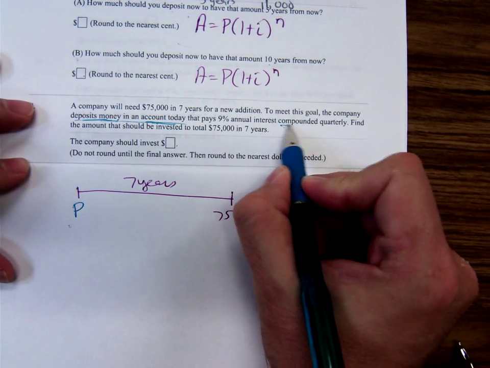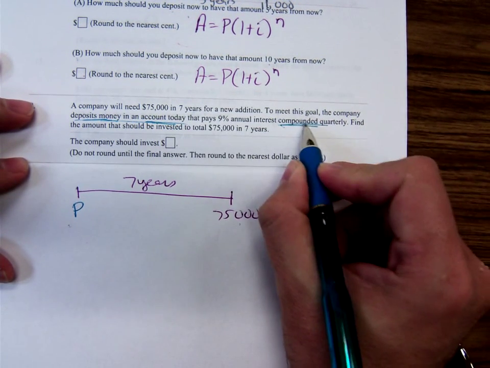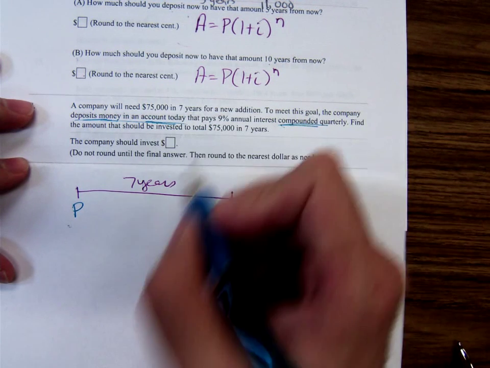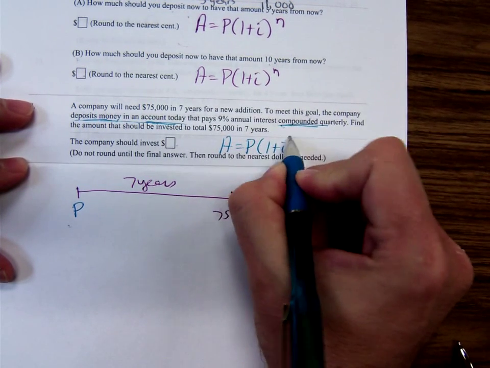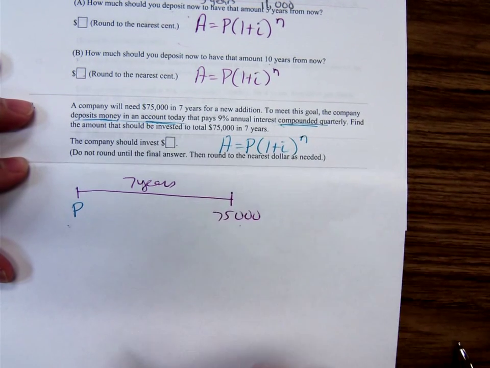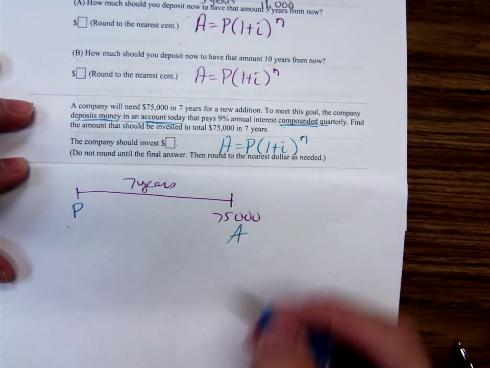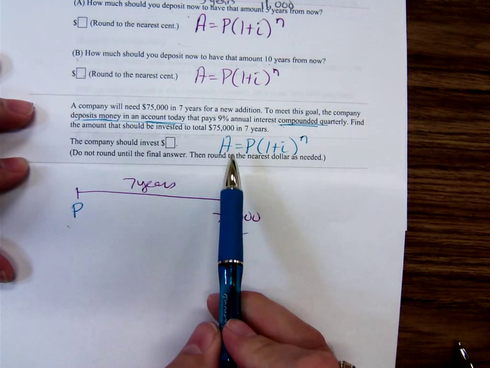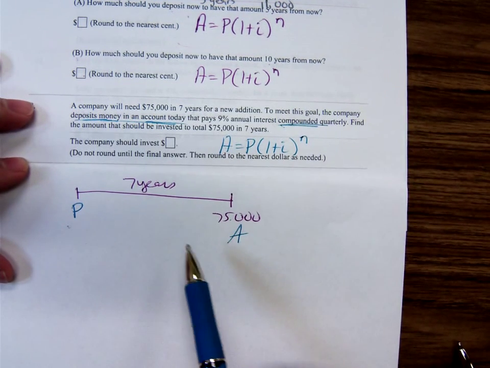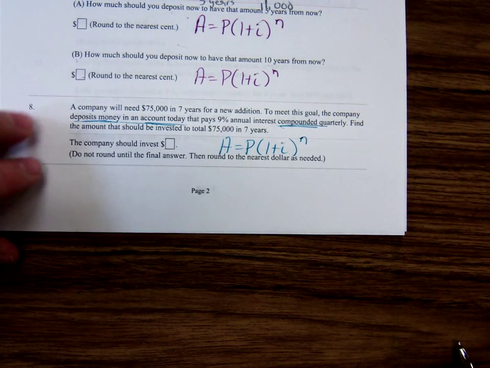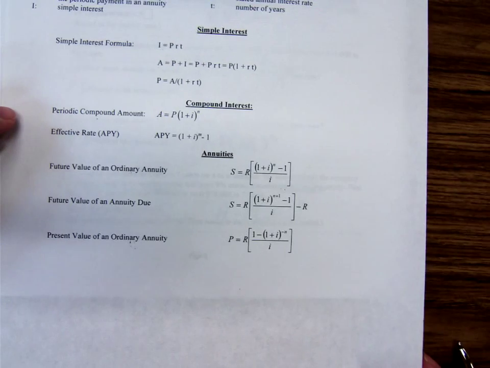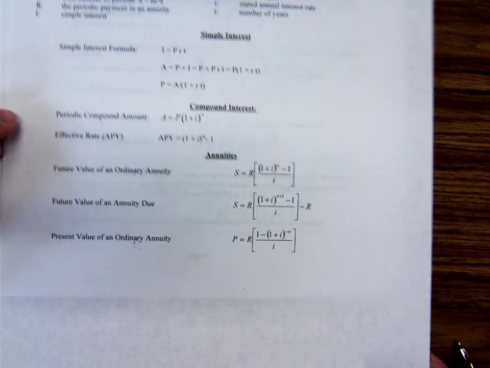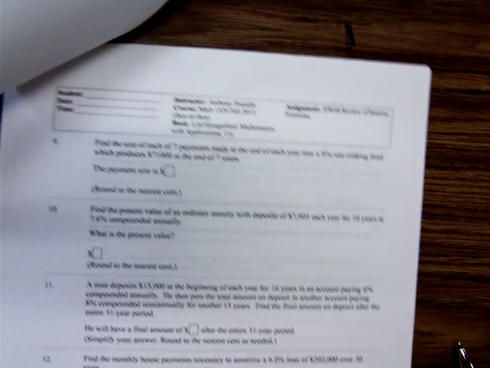It's another compound interest problem. So on this one here, you use A equals P times 1 plus I to the n. Here the A, that future value, is 75,000. So 7 and 8 are both periodic compound amount formulas. So number 9.